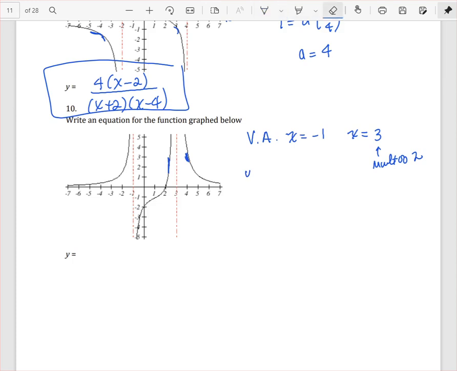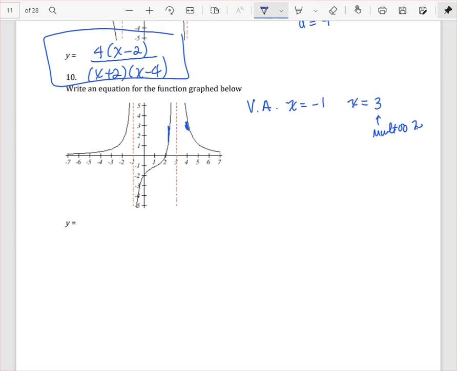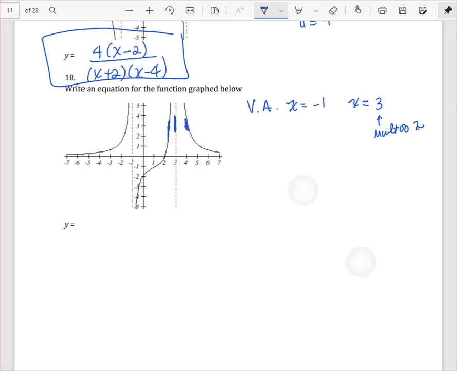Now let's do the x-intercept. And that, we know that it's a multiplicity of 2 because here's the asymptote and both lines are on the same side. Okay, now the x-intercept, x equals 2. The y-intercept, 0 for x, -2 for y, right there.